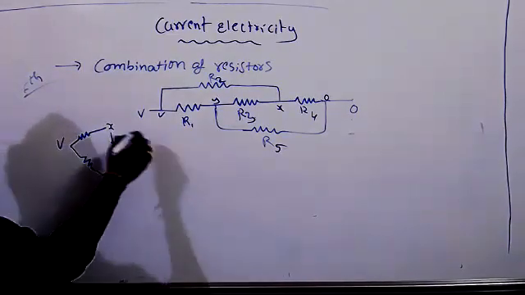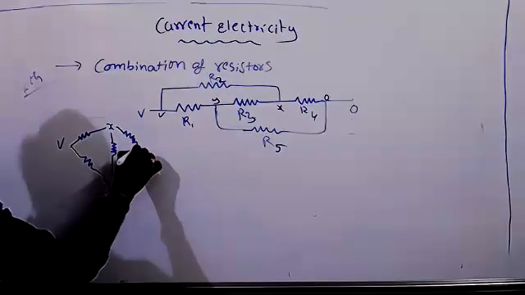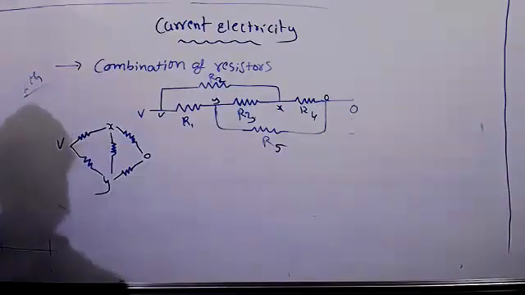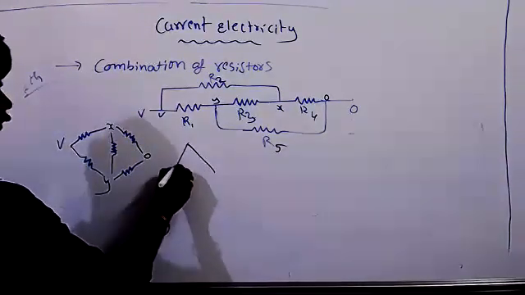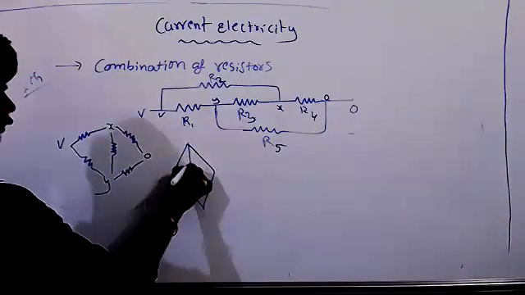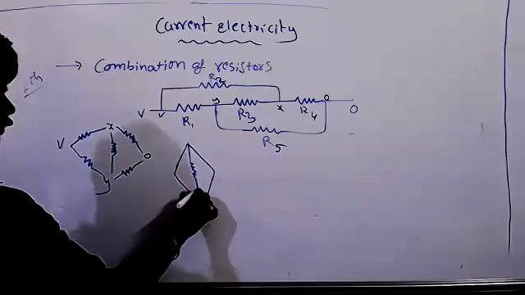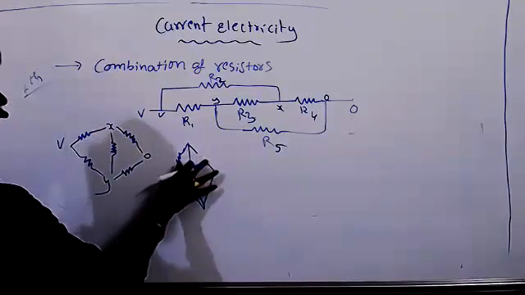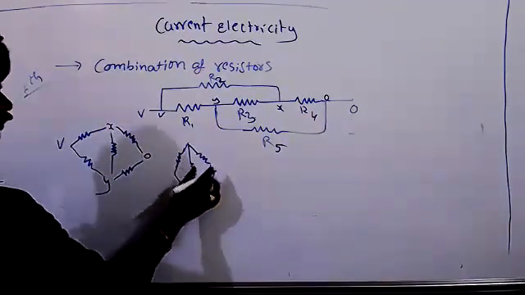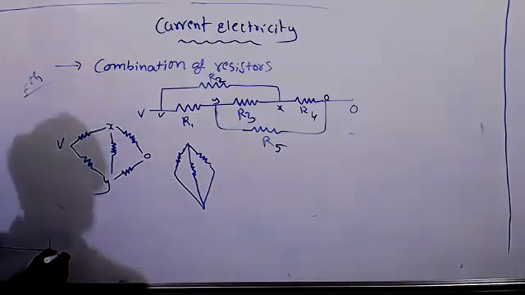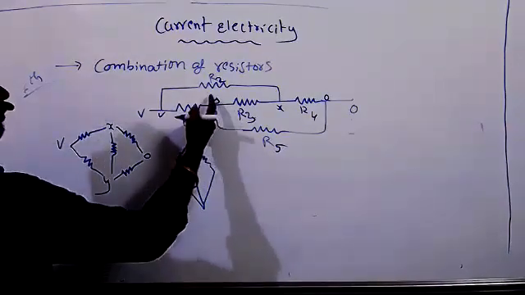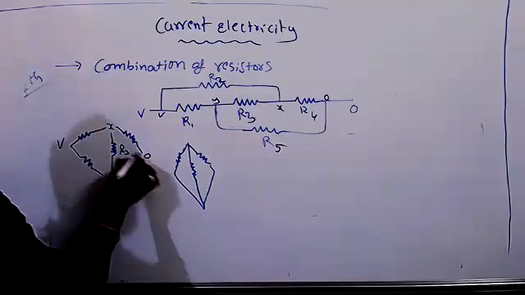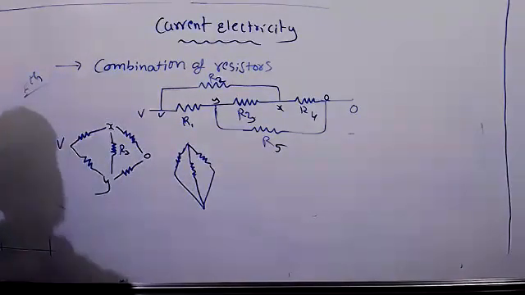Fourth resistor X and O. Fifth resistor O and Y. Now X and Y, X and Y. It is the third one, R3. R1, R2, R3, R4, and everything is 2 ohms.